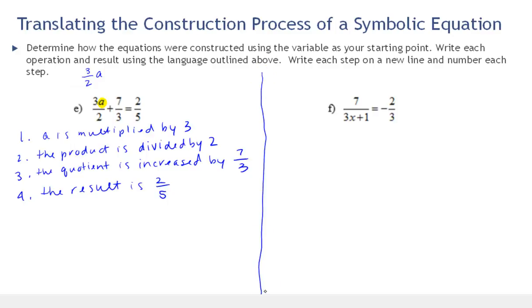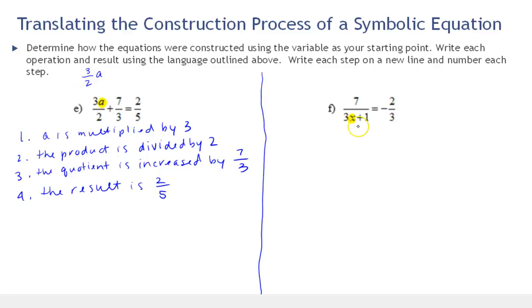Okay. And now our final problem, this is where we'll need that reciprocal idea. We're starting with x. X is down here. Okay. So it's down in the denominator, but we're just going to think again of how, if we put in a value, what we would do to that number in a step-by-step process.